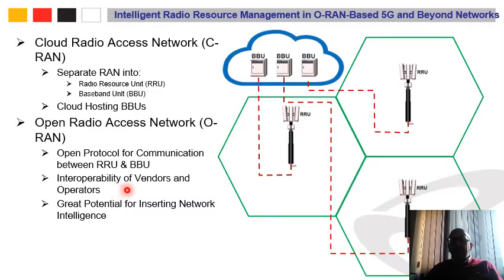So different operators can use the BBUs of each other, can use the cloud virtualization tasks of each other, and so forth. And also, CRAN in general, and ORAN in particular, opens a great potential for inserting network intelligence, and this is where our project will try to work on.